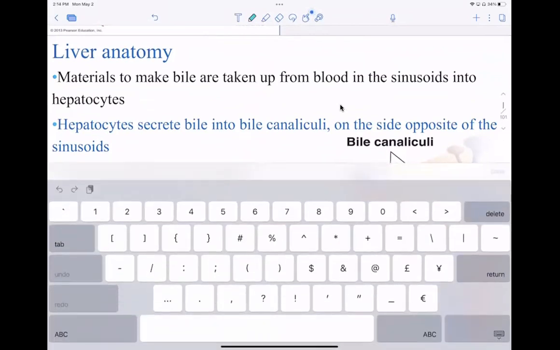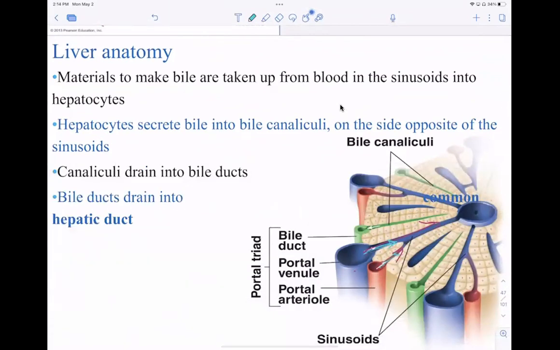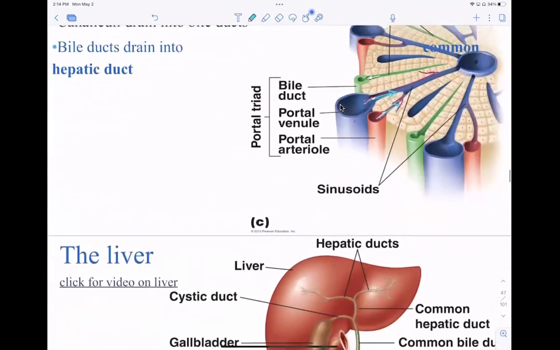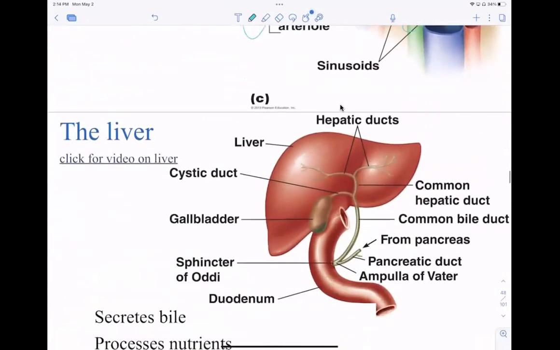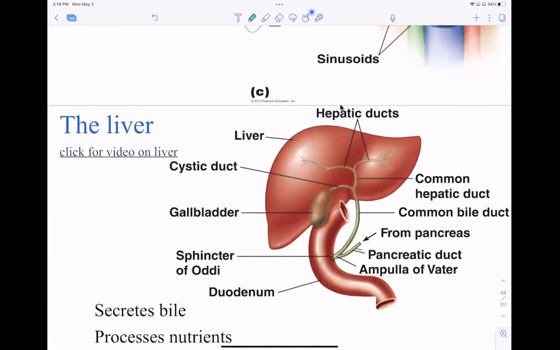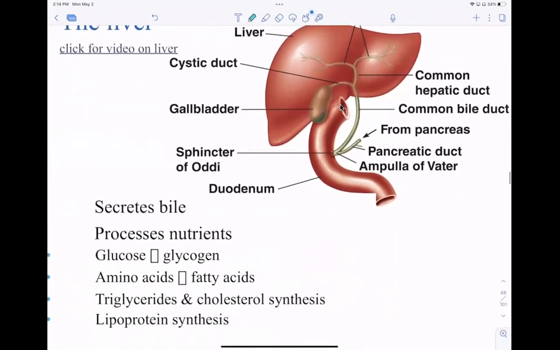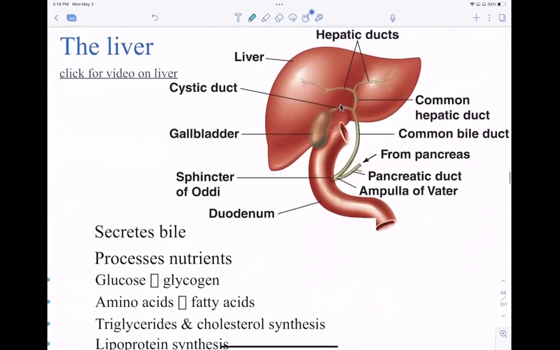You have fresh blood from the aorta feeding these cells so they can stay alive and have their own nutrients. But all of those bile ducts in this portal triad in every corner are going to merge and eventually become the common hepatic duct.